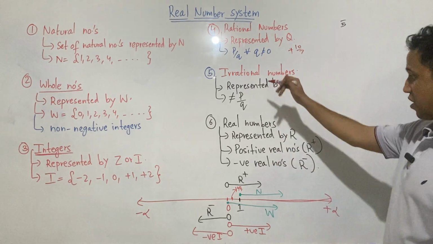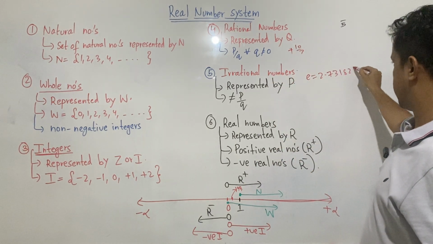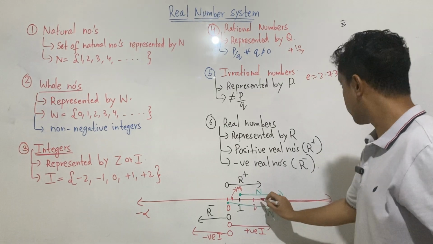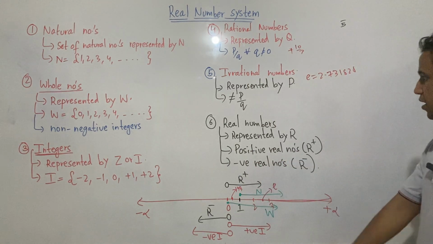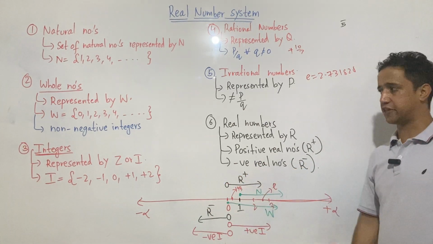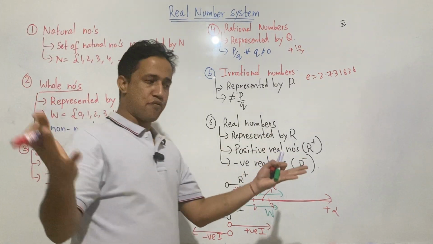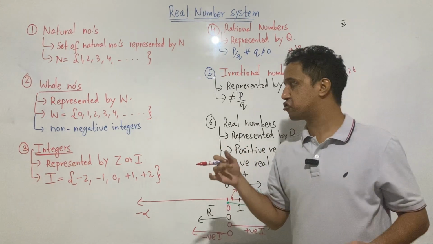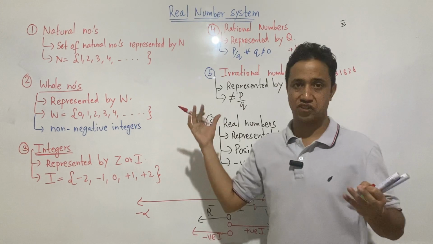Then irrational number, for example, E, 2.731828, is between 2 and 3, so 2.73. This shows E. Then real numbers, all this side positive, all this side negative. So real numbers mean the bigger picture, and in the bigger picture you can see the flashes of small things too.